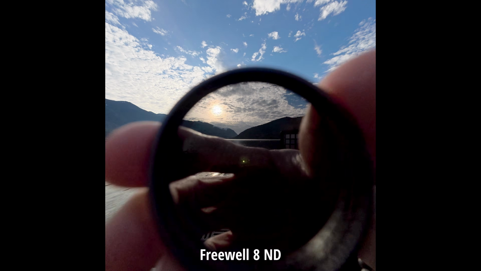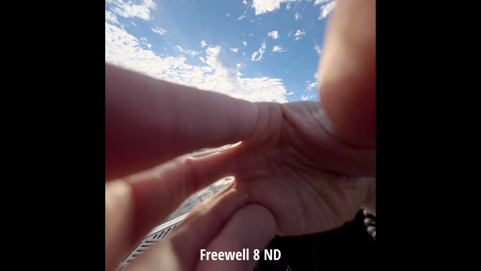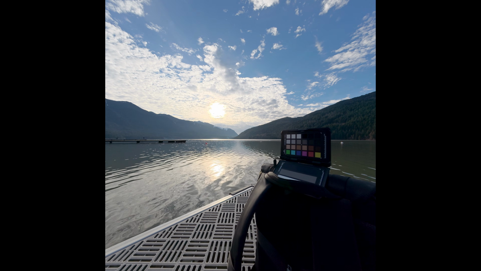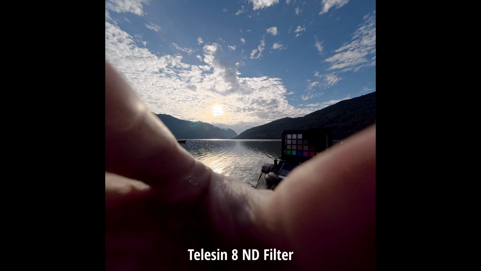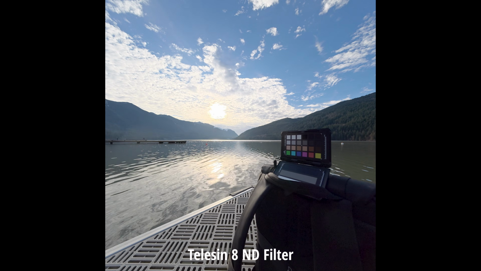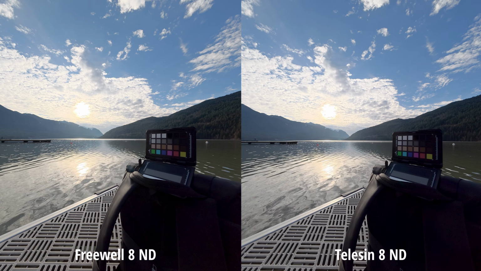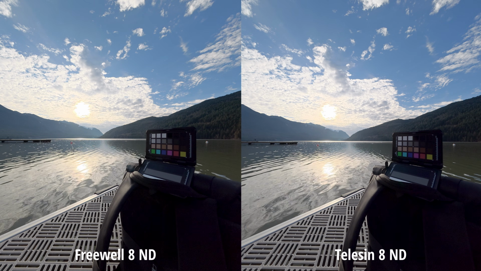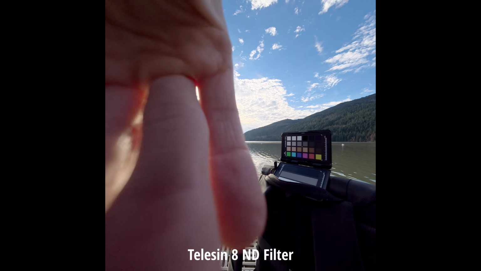Okay, now the Freewell 8 ND filter is going on. Now I have here the Telesin 8 filter. Put that on now. How does that compare? Any sort of color shifts between either of the ND filters?